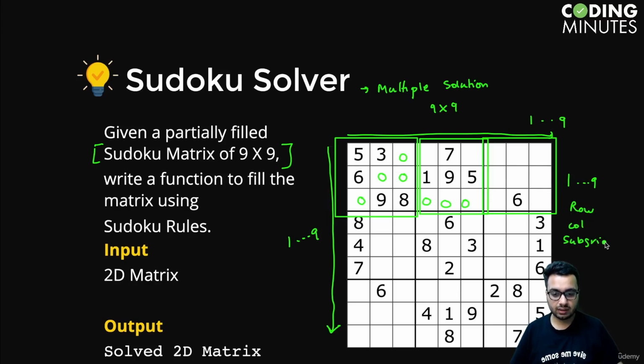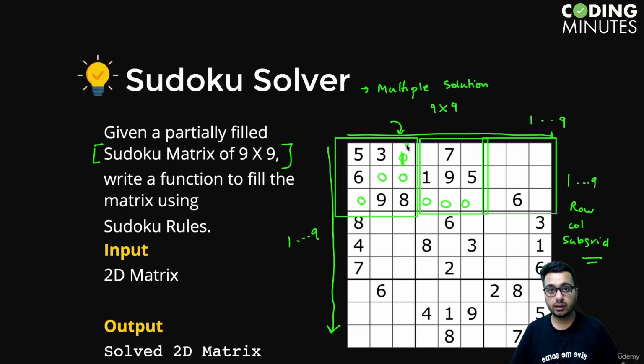If I give you one example, can you put 1 here? Maybe we can, but putting 1 may not create a valid solution, so we don't know. So what we have to do is try all possible numbers at all possible locations.